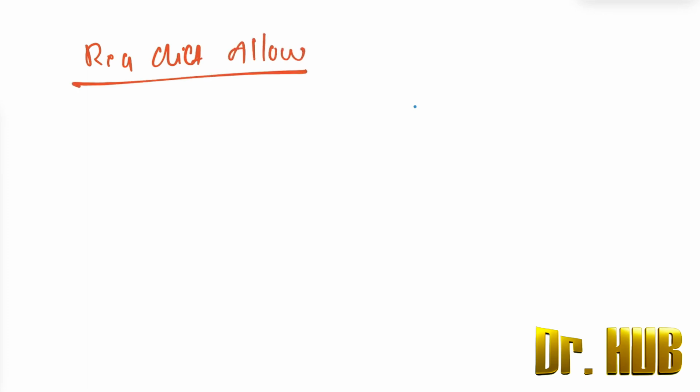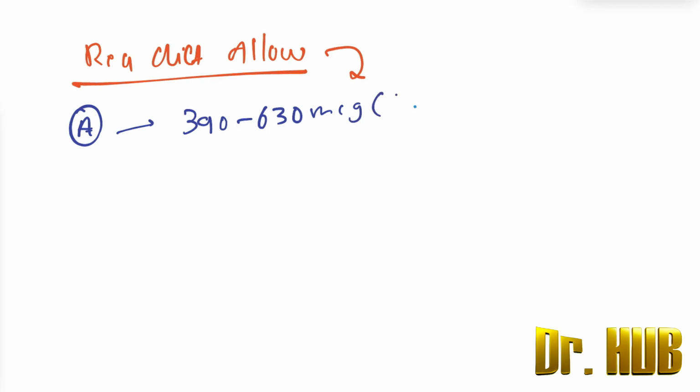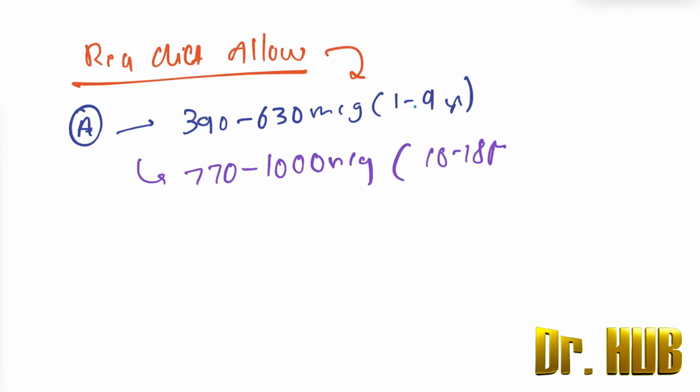Now continuing with the recommended dietary allowance. First we are going to see vitamin A. For retinol, it is 390 to 630 mcg from 1 to 9 years, and 770 to 1000 mcg from 10 to 18 years.